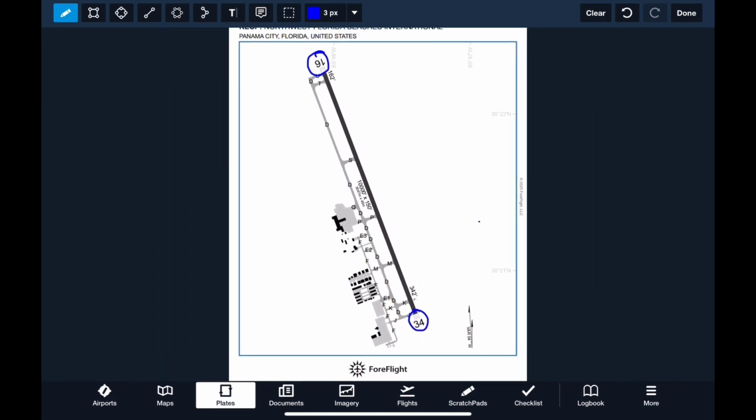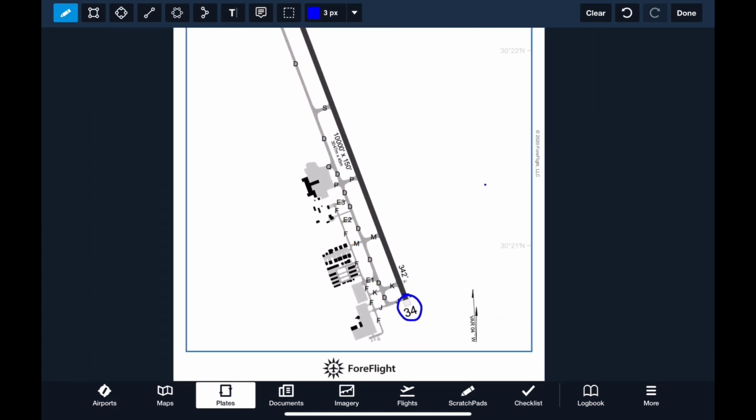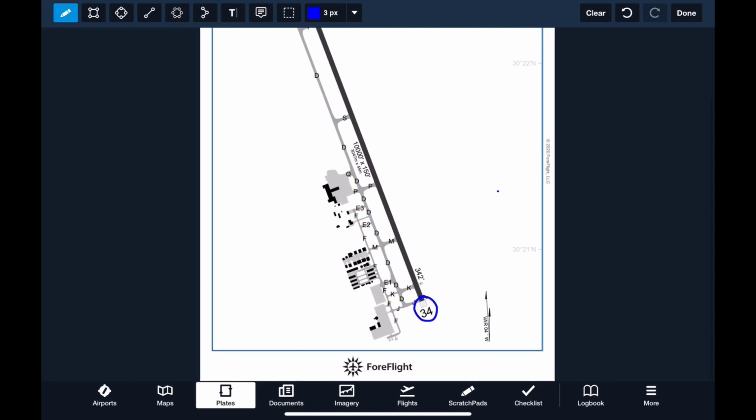Or what do they mean to manned pilots as well? So 34 and 16 are the directions the aircraft is going to be facing. So when a manned aircraft, let's say it lands on runway 34, when that aircraft is on final and it's coming into that runway, they're going to be facing 340 degrees around that number.